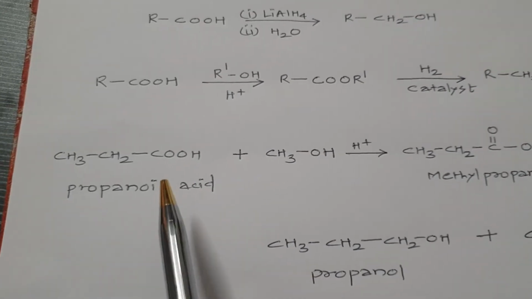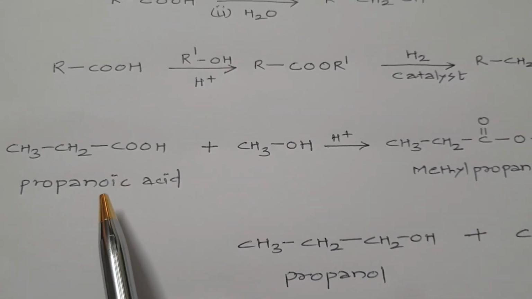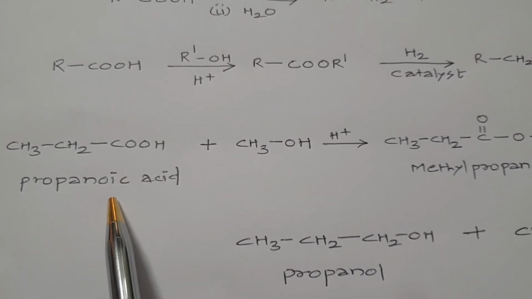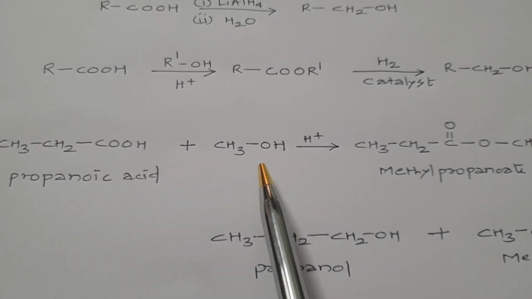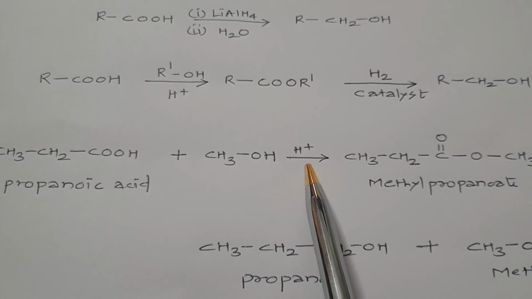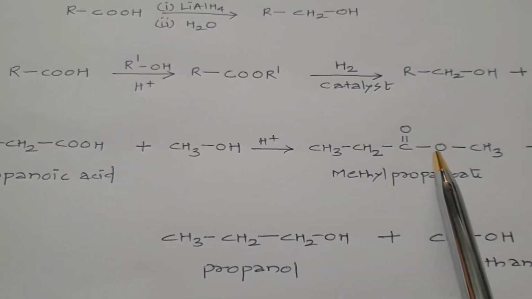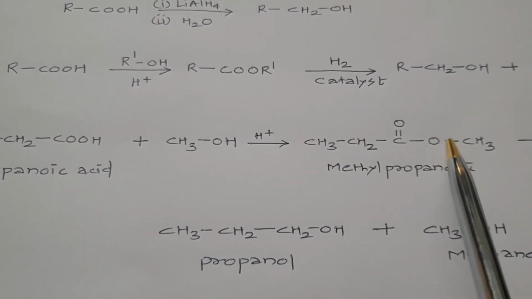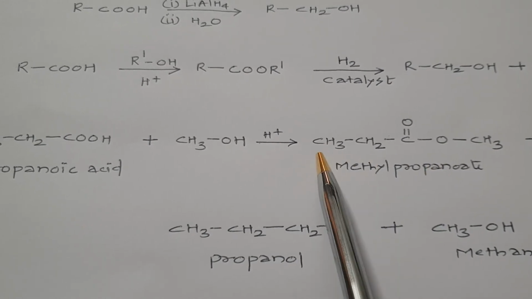To understand this, let's take an example. We have propanoic acid which reacts with methanol in presence of an acid to give us methyl propanoate.